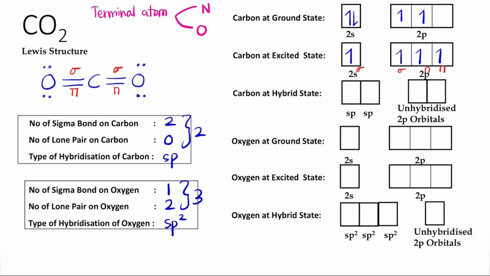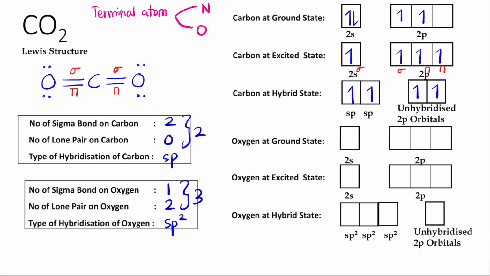So, dekat sini saya akan separate them, 2 unpaired electrons di dalam sp hybrid orbital dan another 2 unpaired electron, dia akan jadi sebagai unhybridized 2p orbital. Maknanya ada elektron tapi dia tak involve dalam hybridization process untuk carbon. So, this is it for hybridization process for our central atom, carbon.